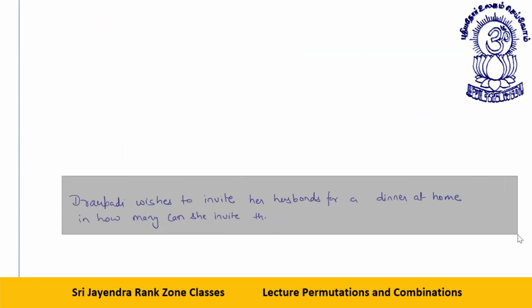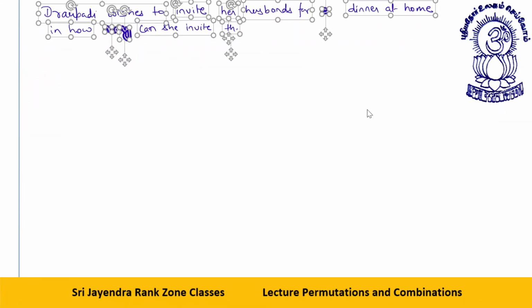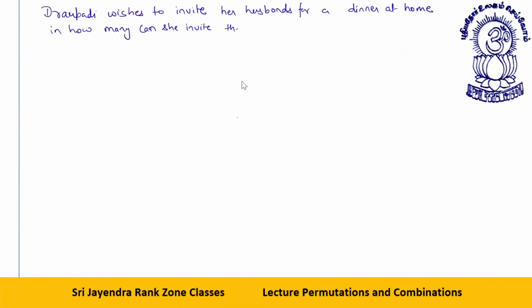Now let me take a classic question of this. Draupadi wishes to invite one or more. This was actually the question, but I was thinking of explaining some concept to you, that's why I modified the question.